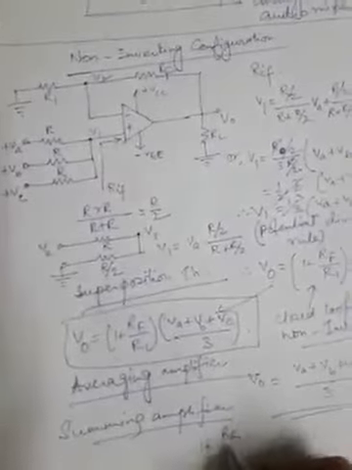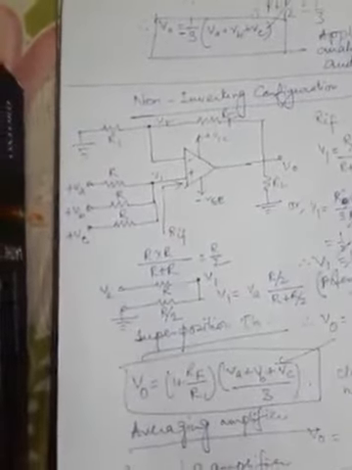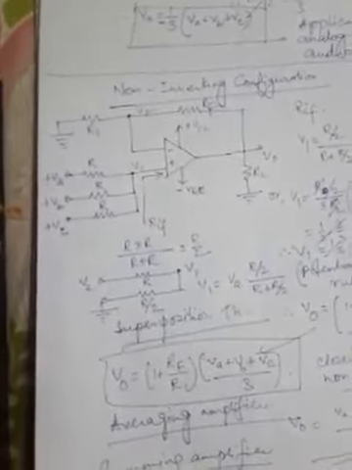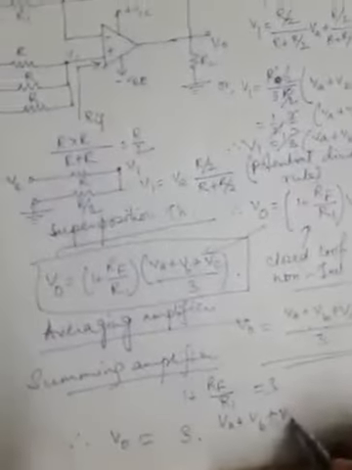That means if 1 plus Rf by R1 is equal to 3, VO should be equal to 3 into (VA plus VB plus VC) divided by 3. The 3 cancels out, and so VO should be equal to VA plus VB plus VC. So therefore we can say the circuit is a non-inverting summing amplifier.